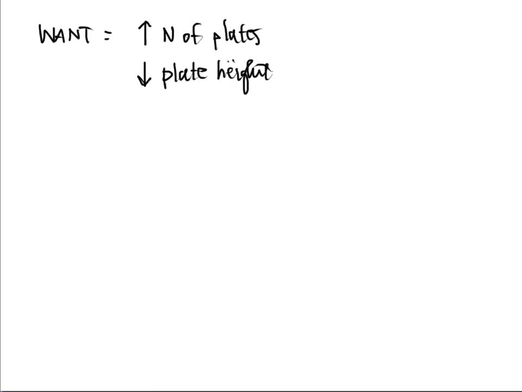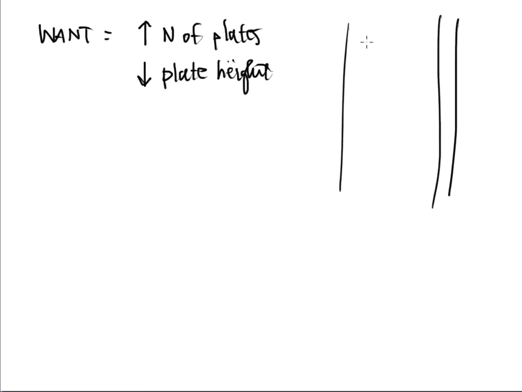So let me draw a diagram and kind of explain. I'm going to do two columns, one to the left and one to the right. The one to the left will have 1, 2, 3, 4 plates, 4 individual pages that the cartoon is drawn on.